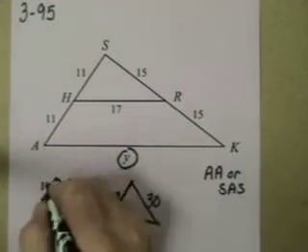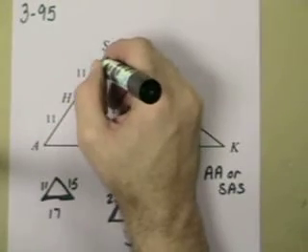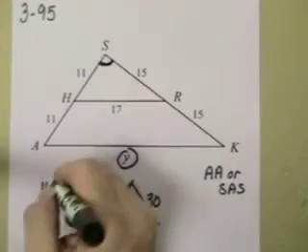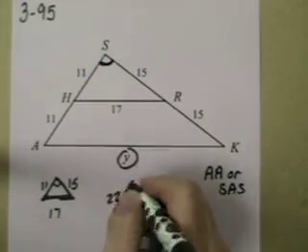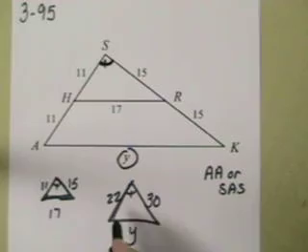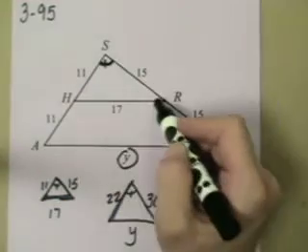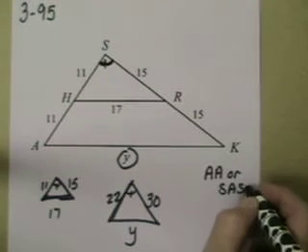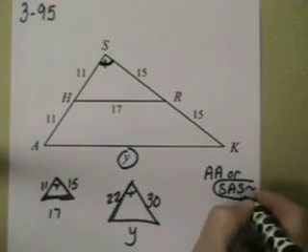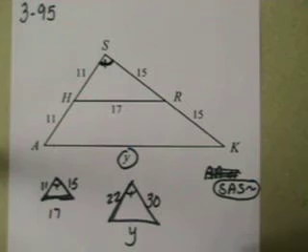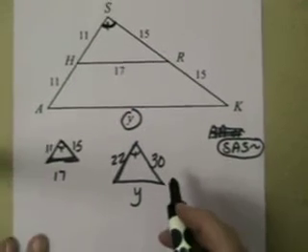So we have at least two pairs of sides, so we can try to use either angle-angle or side-angle-side. I notice that both of these triangles share a common vertex, or angle. They both share that angle right there. So I've got an angle, with the sides on the outside, so I'm going to say that this is similar by side-angle-side similarity. Now I can use proportions.